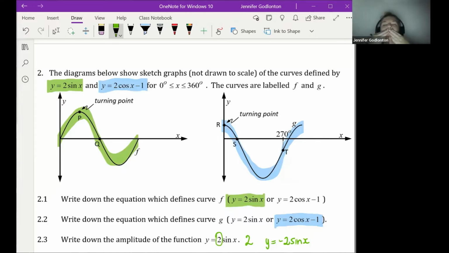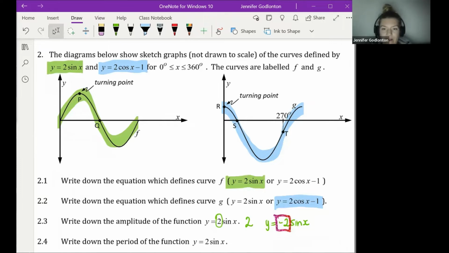Even if this is a negative, guys, you need to be careful. My A value is negative 2, that's fine, but my amplitude is 2. Your amplitude is always positive, okay? So my A value is negative 2, but my amplitude would still be 2. All right, cool.